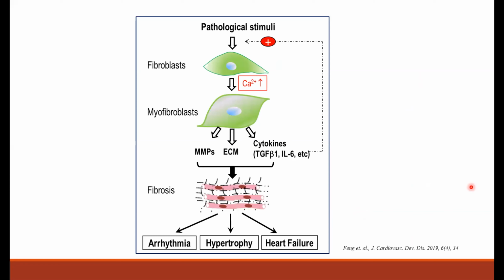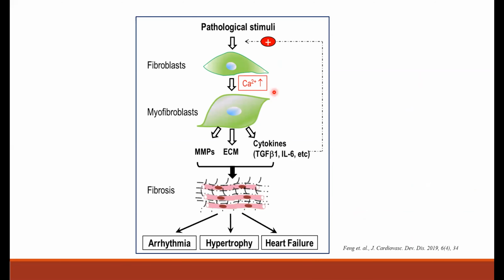So when you look at the mechanism of fibrosis, you see that there is a pathological stimulus that happens in the form of an insult. In the case of the heart, it can be hypertension, atherosclerosis, and then consistently which lead to clotting or further on myocardial infarction, which then activates the fibroblasts to become myofibroblasts.